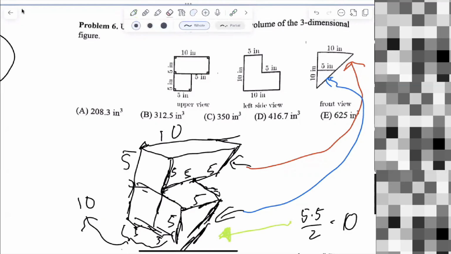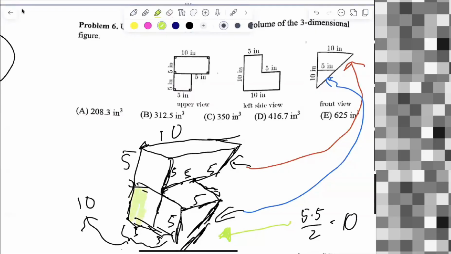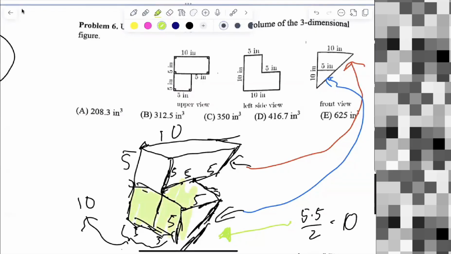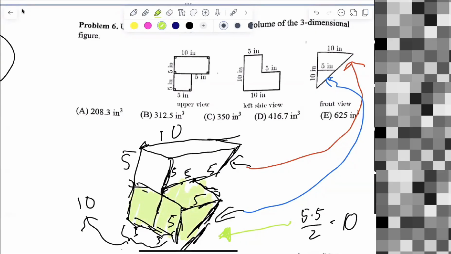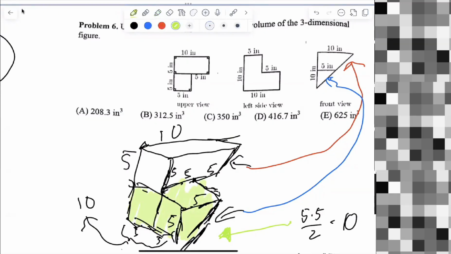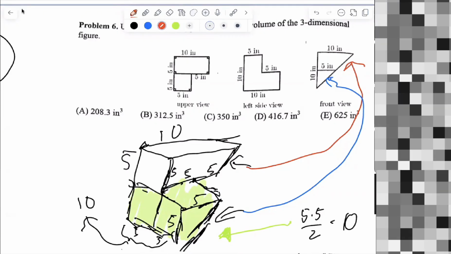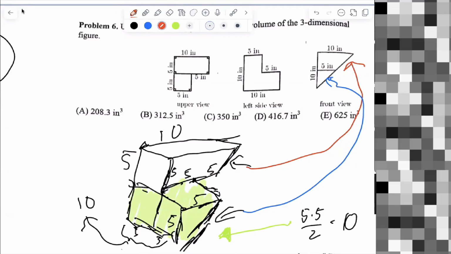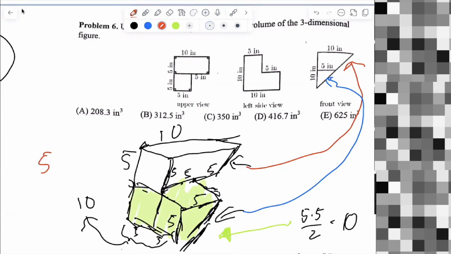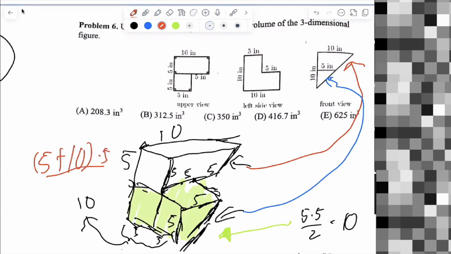And I'll shade it in green to show you what it is. This area right here. This area is 5 times 5 divided by 2 times 10. And for the other one, let's do it in red. This is basically base times height, or 5 plus 10 times 5 divided by 2.